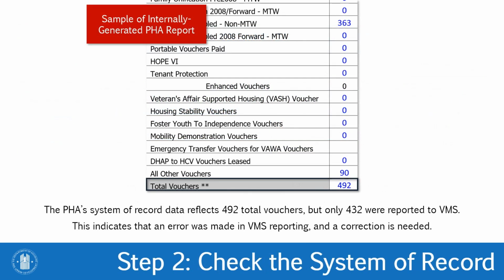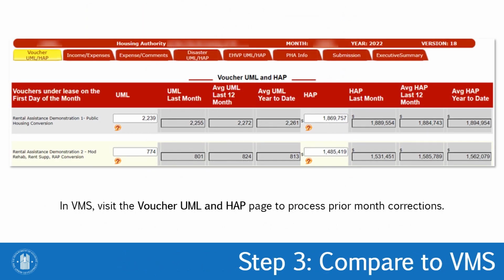The PHA system of record data reflects 492 total vouchers, but only 432 were reported to VMS. This indicates that an error was made in VMS reporting and a correction is needed. In VMS, visit the Voucher UML and HAP page to process prior month corrections.